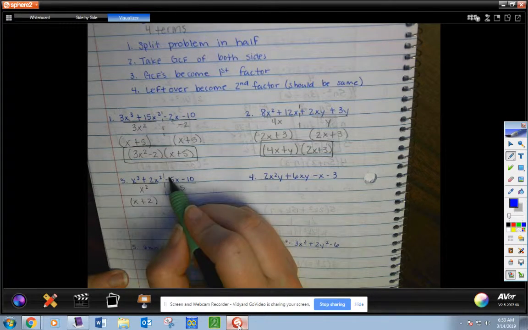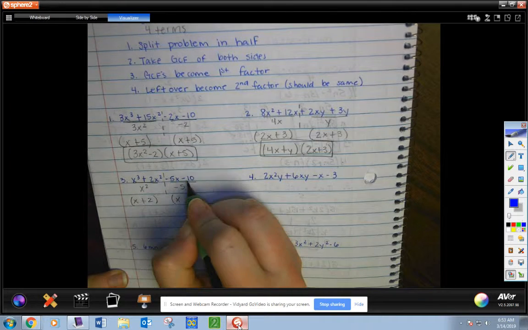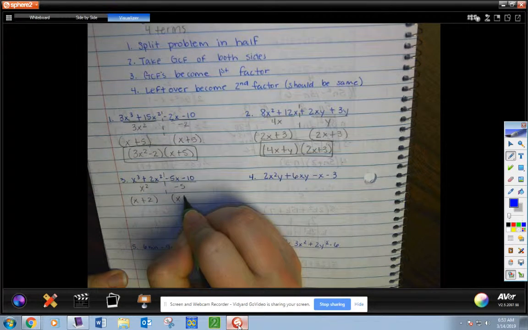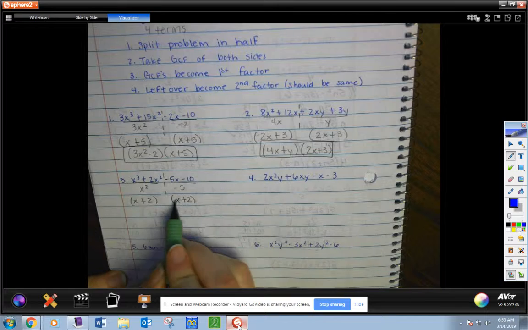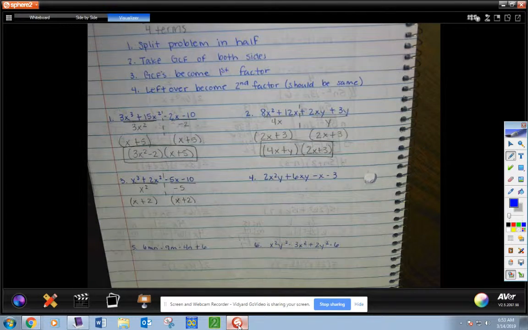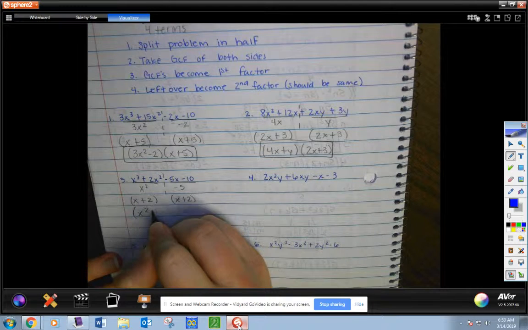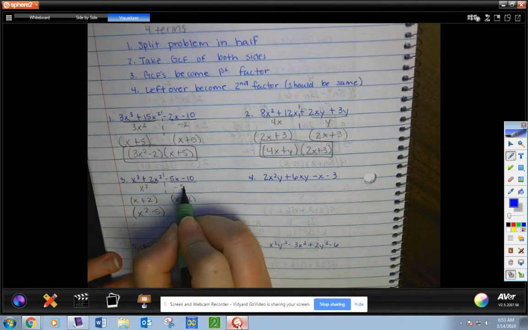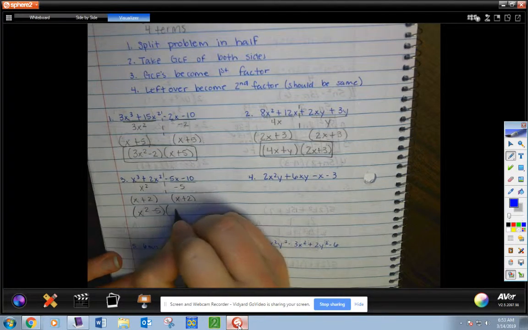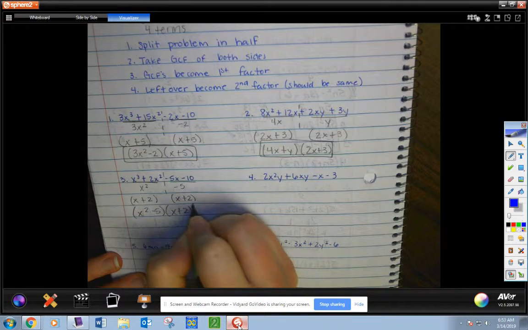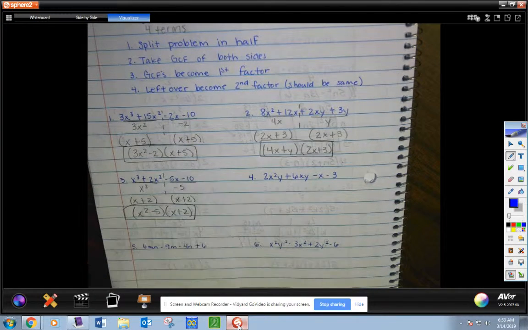This over here, a negative divided by a negative would leave me with a positive x, and negative 10 divided by negative 5 would leave me with a positive 2. If my parentheses are the same, I have my answer right. So I open up for my first factor, and I have x squared minus 5, because you pull your GCFs. And then you bring down 1 of the parentheses, and that would be your answer.